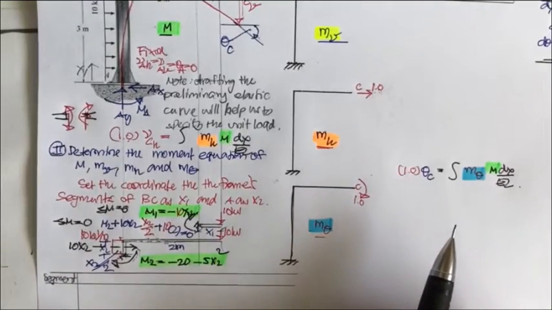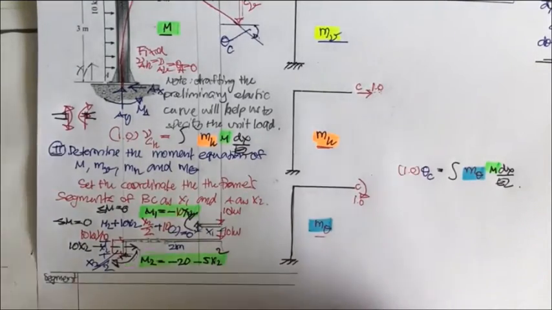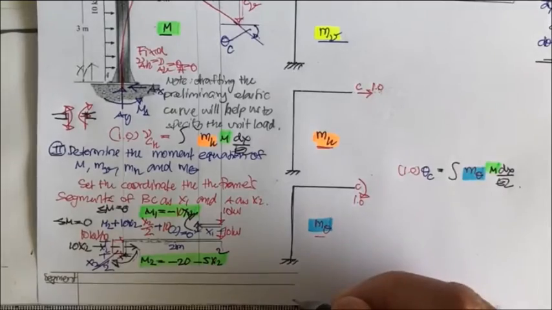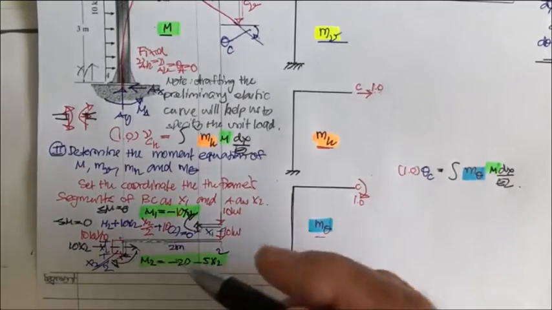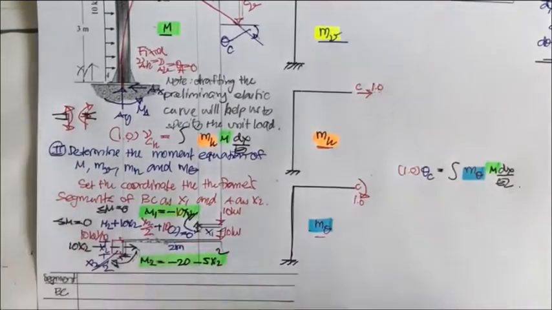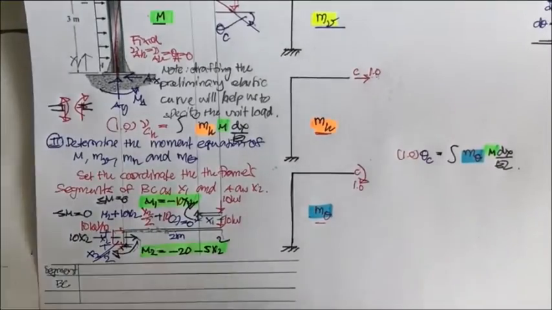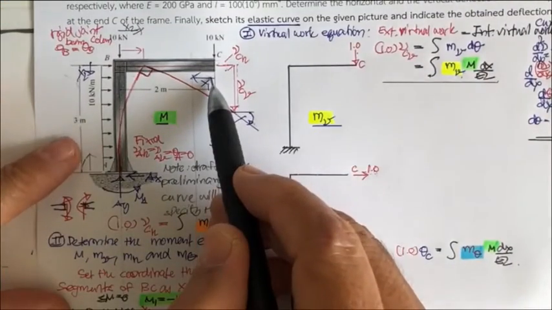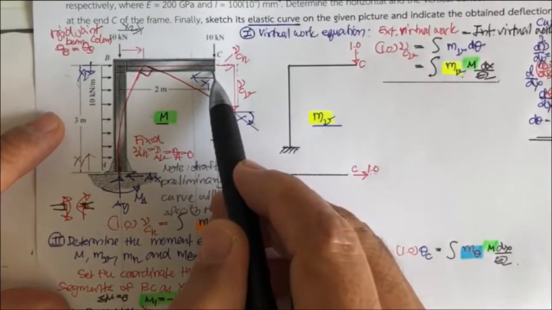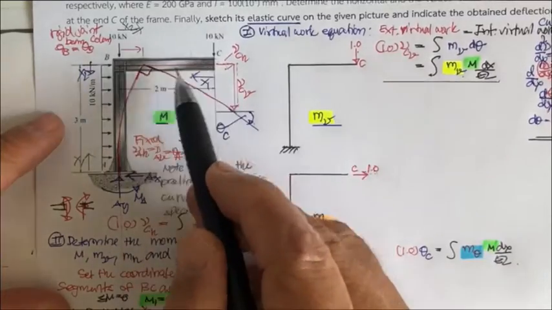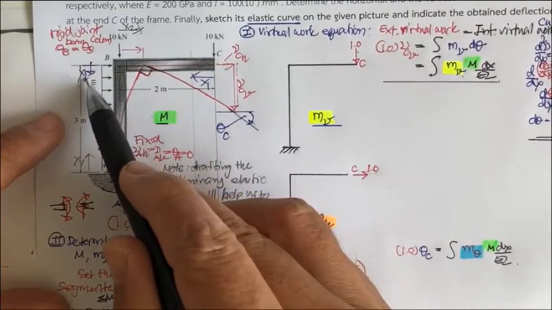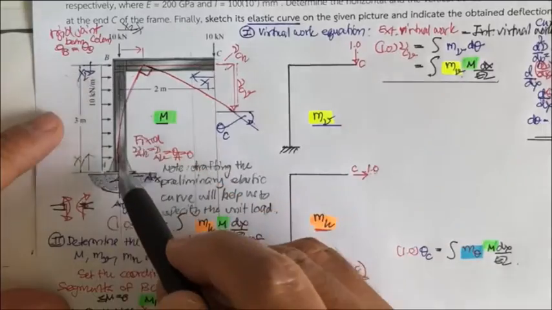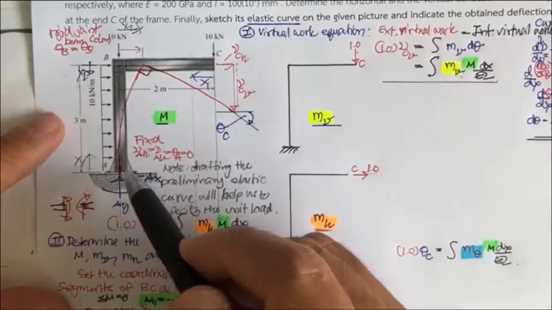It's going to be the BC and the AB. So just put this one as the BC and another one as the AB. And you may recall the x1, that is BC, is going to be from C to B, from 0 to 2. And for the x2, it's going to be from B to A, that is from 0 to 3.